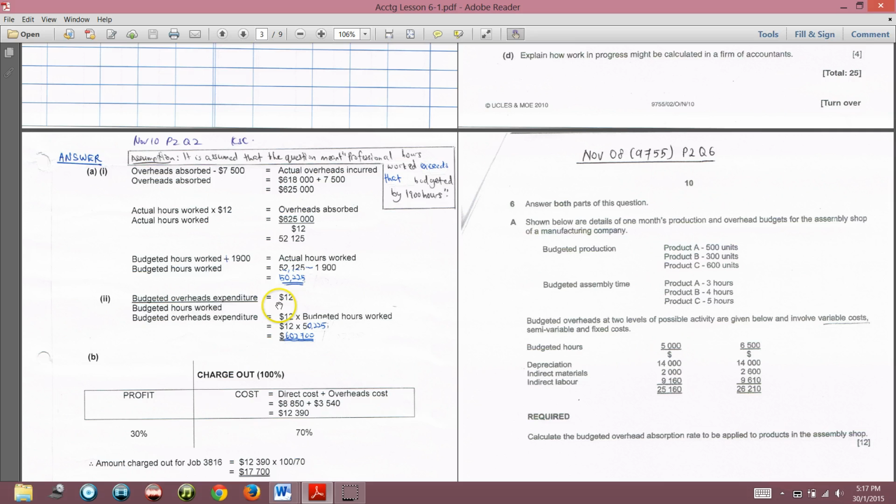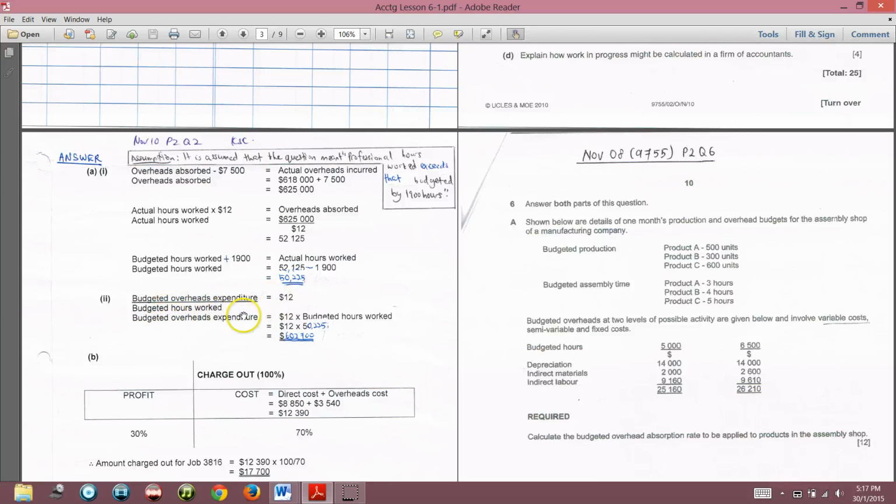In the previous video, I said that this $12, which is the overhead absorption rate, equals the budgeted overhead expenditure divided by the budgeted hours. We have the budgeted hours, so now we are just solving the equation.